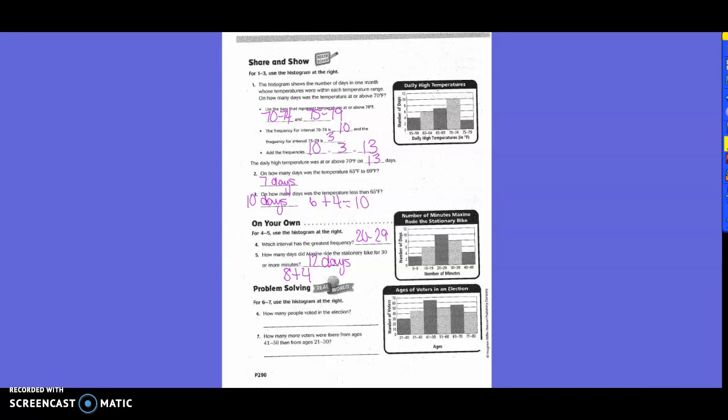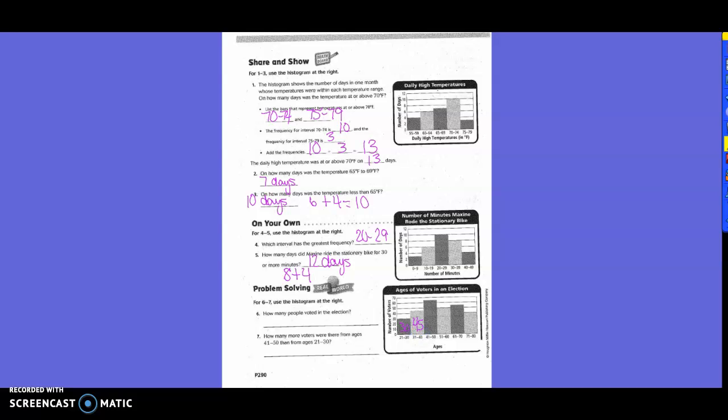Problem solving. Questions 6 through 7 use the histogram at the right. How many people voted in the election? We are actually going to have to figure out every single bar and add them all together so that we can figure out the total amount of people. For the 21 to 30 interval, we had 30 people vote. For the 31 to 40 age range, it looks like 45 people voted.